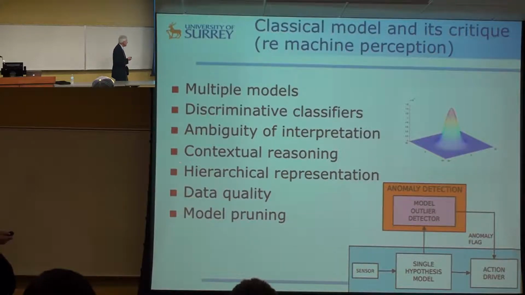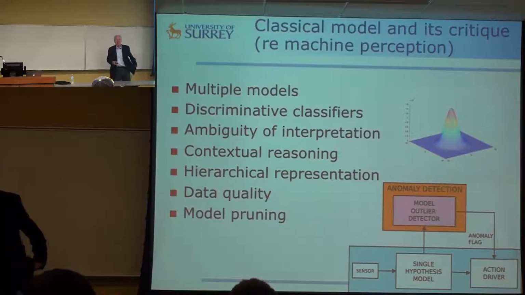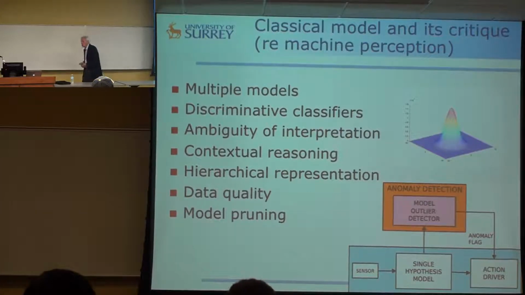In machine perception, we have knowledge organized in hierarchical levels, which allows us to do contextual reasoning and make recognition with greater accuracy than just using measurement information relating to a single object.